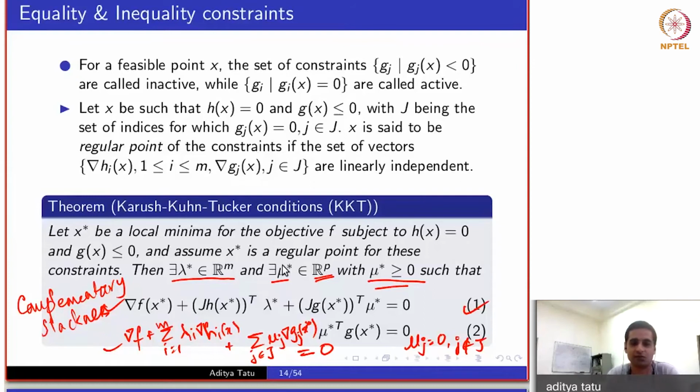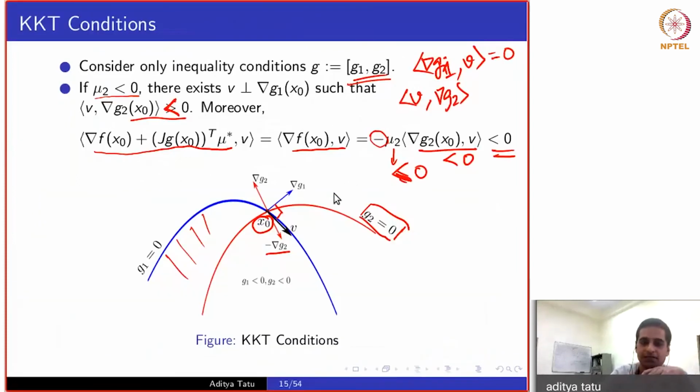You cannot just go ahead and solve these equations directly, especially when the dimension of these problems is huge. So you need to have good algorithms that figure out what are the good points, points of minima or maxima.